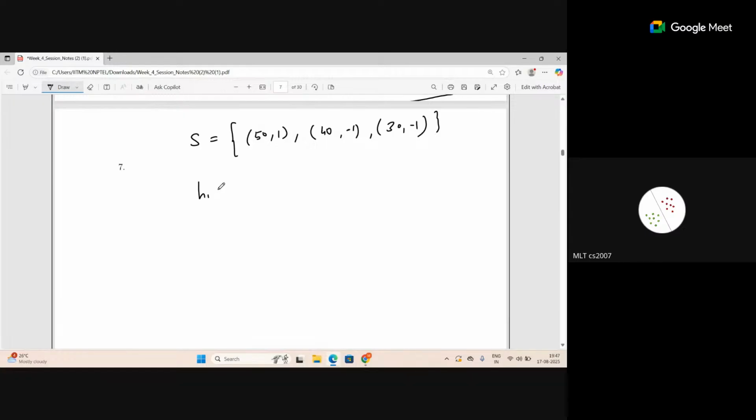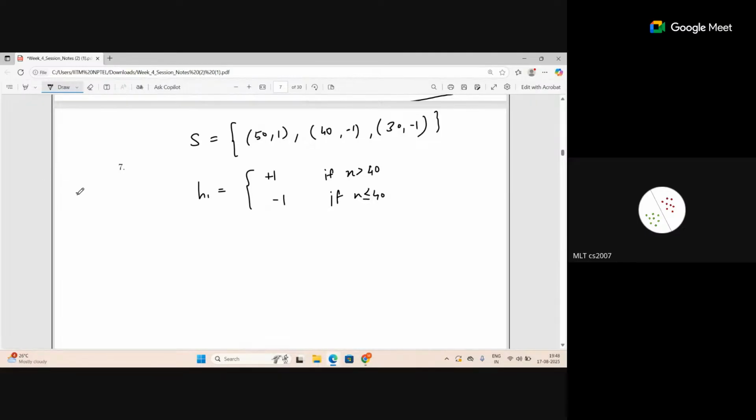Let's say my h1 is a decision stump which says if x is greater than 40, I will say it as plus 1. And if x is less than or equal to 40, I'll say minus 1.